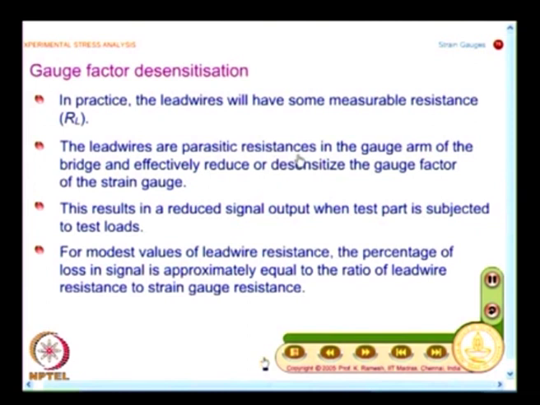And what happens? It effectively reduces or desensitizes the gauge factor of the strain gauge. Because of this lead wire resistance, the total resistance in that arm goes to strain gauge plus lead wire resistance. So, the balance of the bridge is also affected.